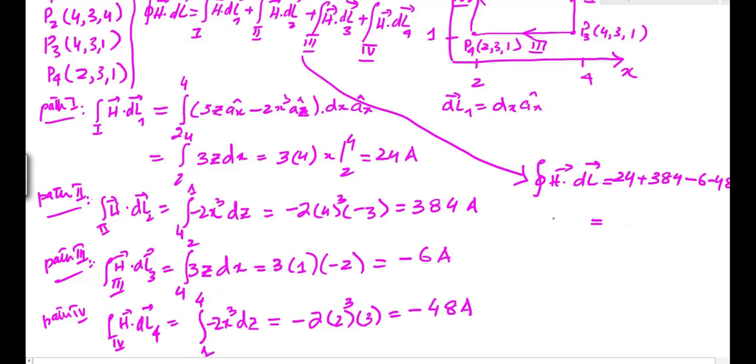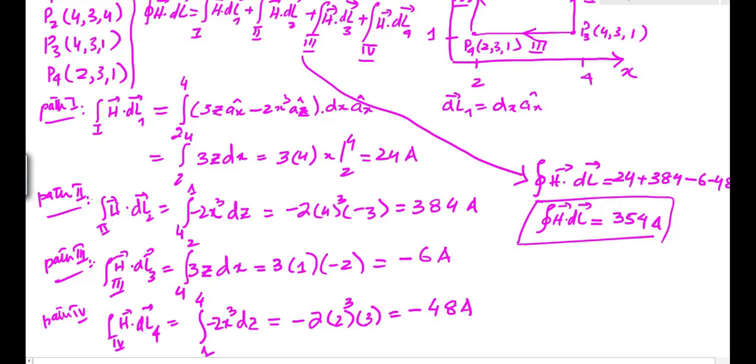So the closed line integral evaluated at this path with the given magnetic field intensity comes out to be 354 amperes.